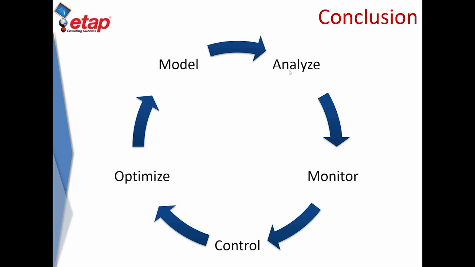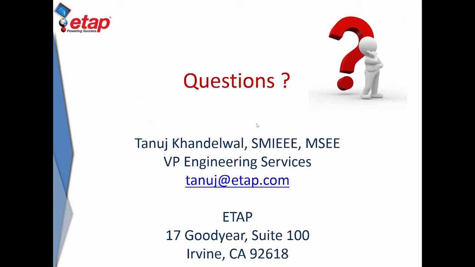Those new changes are analyzed, and once they are implemented, you can actually utilize the concept of data revisioning inside ETAP to merge those changes back into your as-found model, add the incremental devices that you want to monitor, and then continue on with the life cycle of the system.